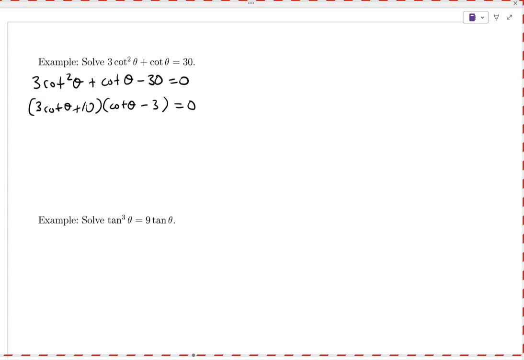Now I need things that multiply to negative 90 that give me positive 1. 10 and negative 9 work, right? So you rewrite your x as 10x minus 9x, sorry.